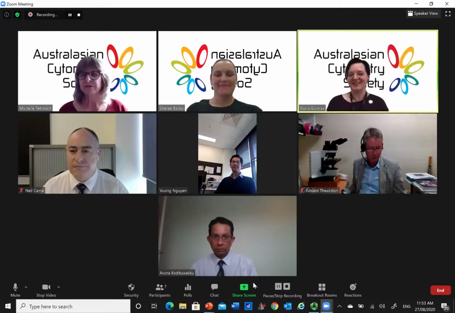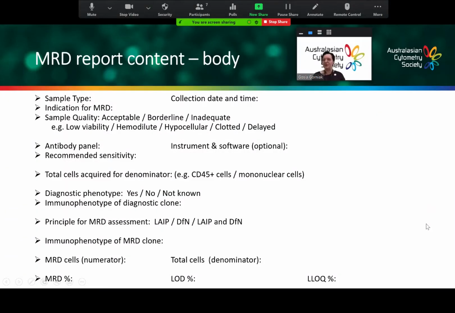That's a pleasure. With the MRD report content, the body, what the lab needs to put in the final report, apart from the obvious sample and patient details: if your computer system doesn't show the collection time and date on the report, that needs to be included.